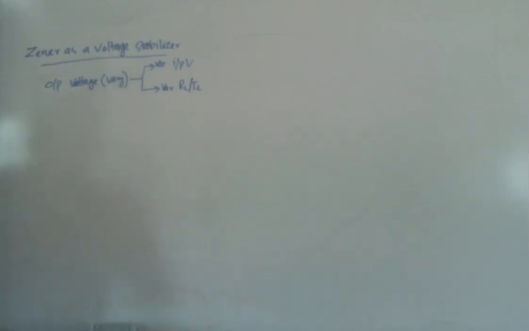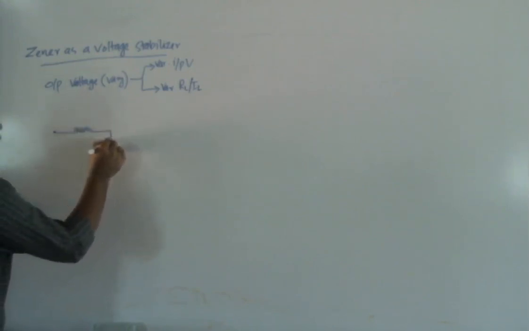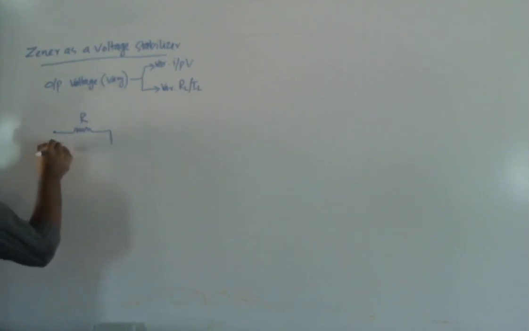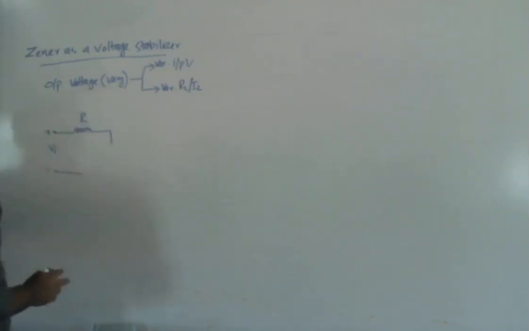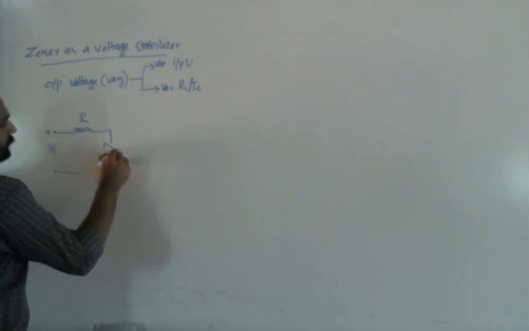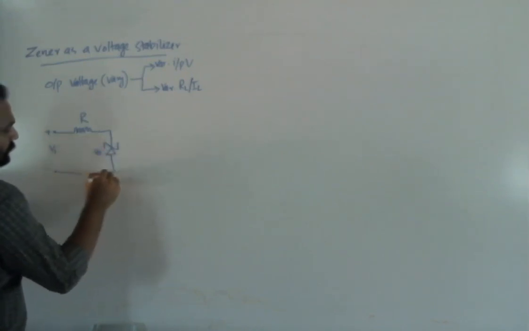So consider a circuit, a series resistor with a voltage source Vi, positive and negative, connected in series with a resistor R and connected to a Zener diode of Zener voltage Vz.